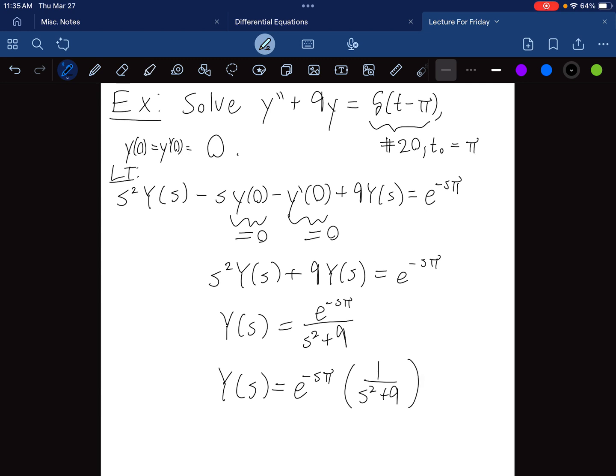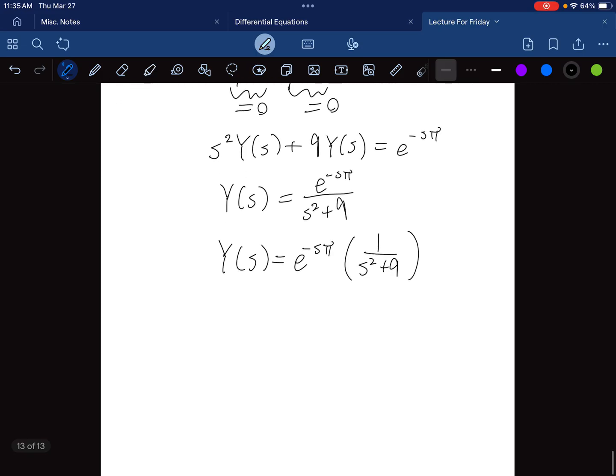Looking at our table, this is table entry number 14, but we want to multiply by 1 to get this table ready. So we would have this times 3, so we have a 3 in the numerator, and then we'd have to bring out a 1 over 3 here.